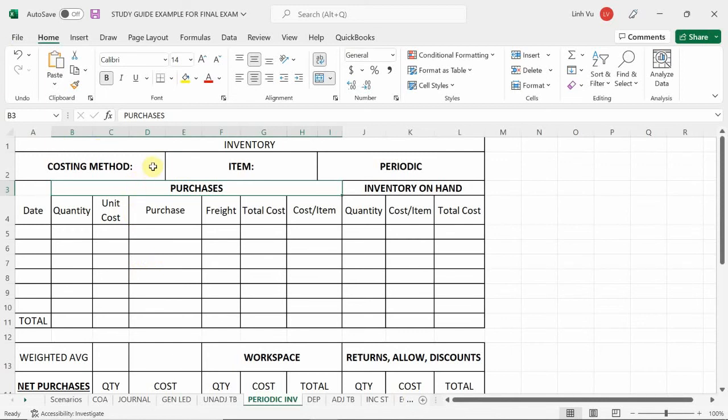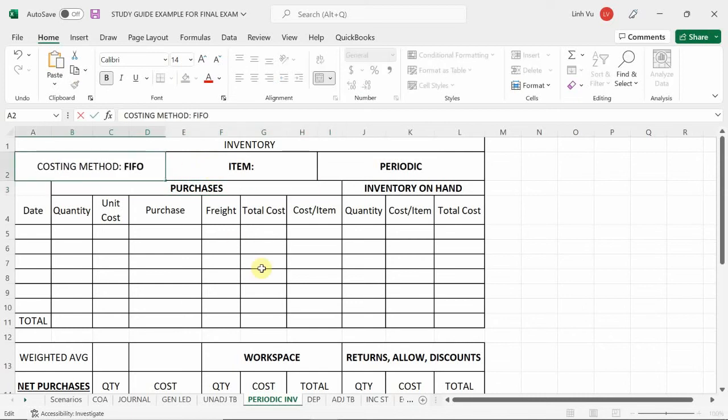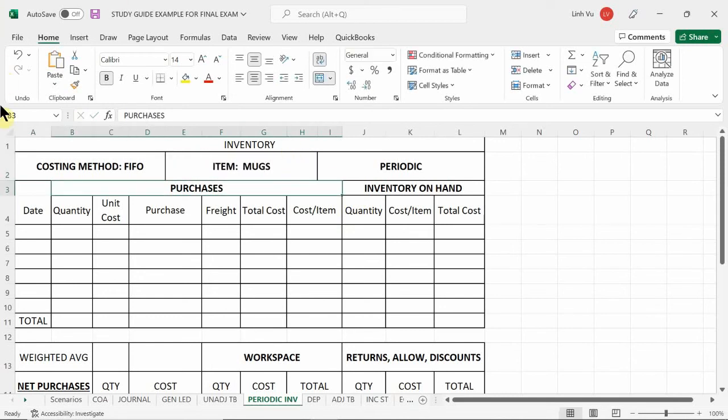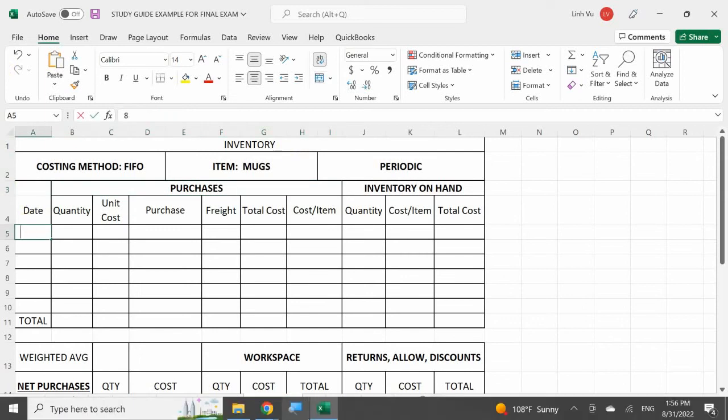So in this case, we know that the costing method is FIFO. Item that we purchased is mugs. Okay. Today is the 8th of August.